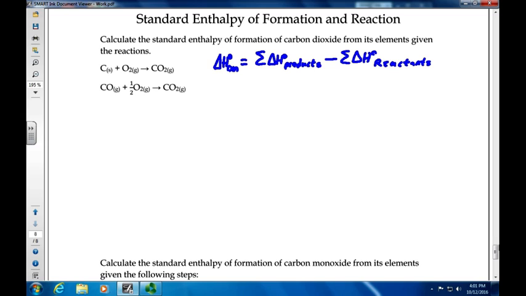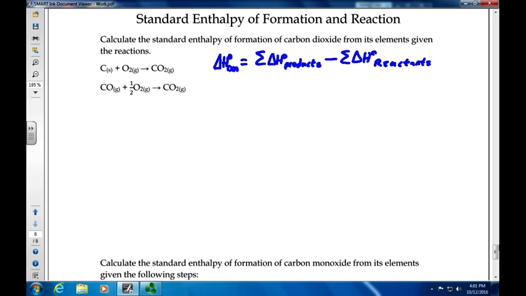What it won't do is give you the heat of formation for the entire reaction generally, and that's what we're trying to find out. We're trying to find out what is the heat of formation for this whole reaction, and we'll use the heat of formation for the individual components of the reaction to calculate that.